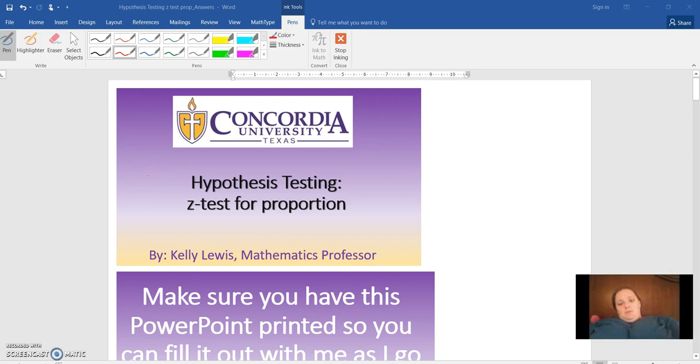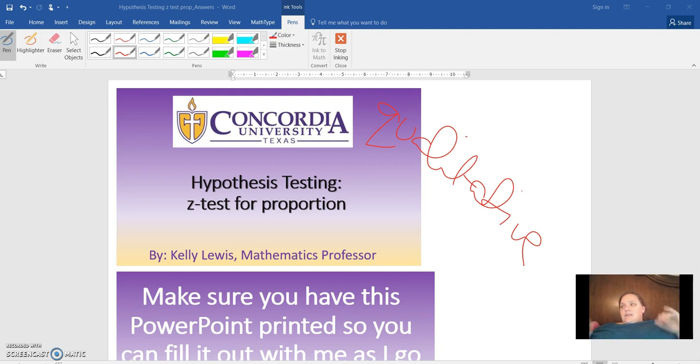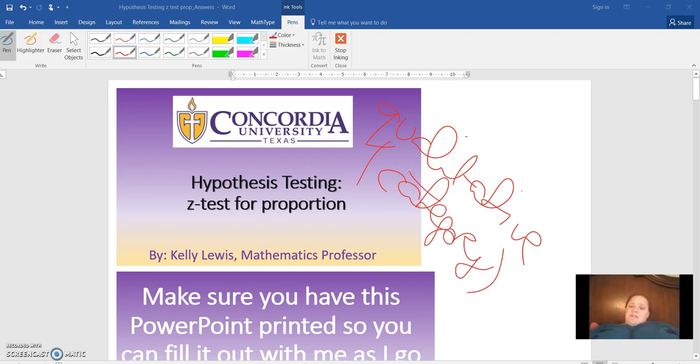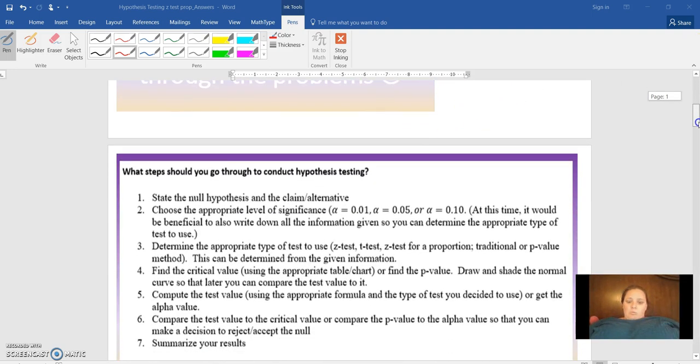And then the Z test for a proportion is for qualitative data, like would you rather go back in time or would you rather see into the future? So qualitative is category, and quantitative is numbers.